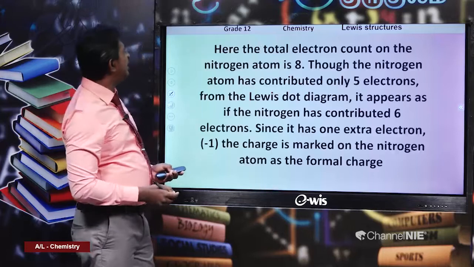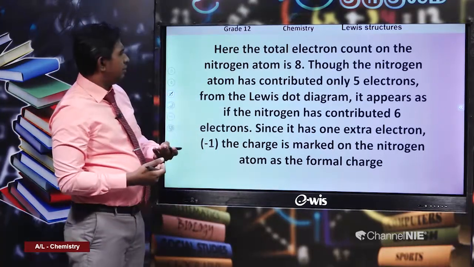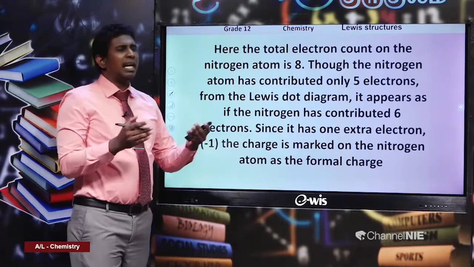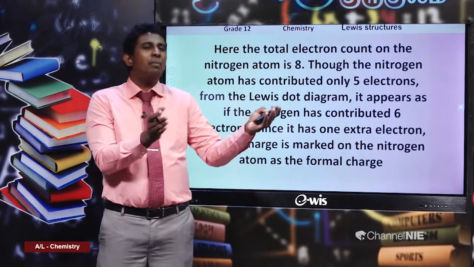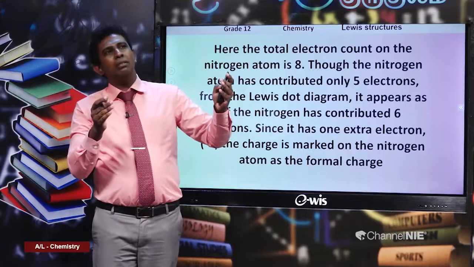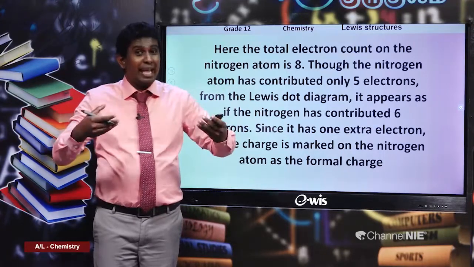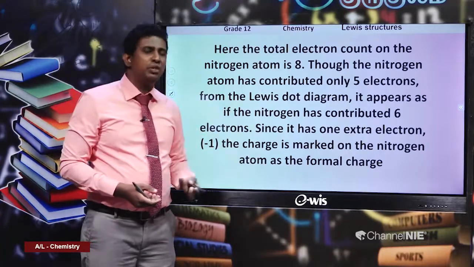Okay, it's very easy. Then students, when you have such an additional number of electrons, you place the formal charge as negative. And when you have electrons lacking, then you place the formal charge as positive.